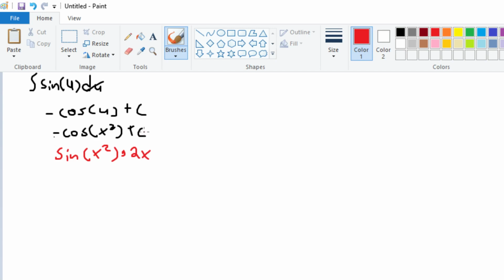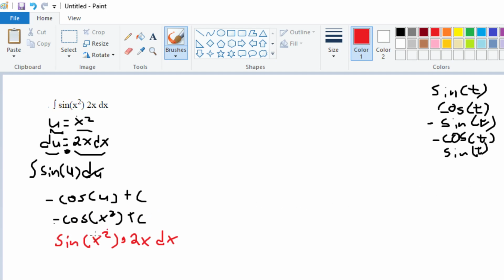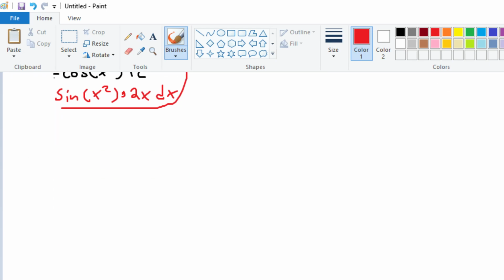The derivative of any number is 0, so we don't have to write that. Now we can say dx. We took the derivative with respect to x. Now we just have to check. We have sine x squared times 2x dx, which if you look was exactly what we started with. So we know, since we took the derivative and it came out to the beginning, that we got the right answer. Okay?